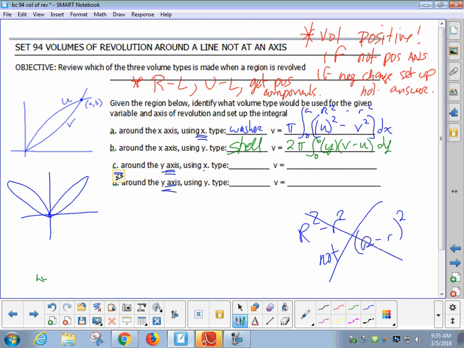What if I used x? That would be a shell. Okay? So 2 pi r h, what's the radius? X, yeah, it's just wherever this point might be. That's what the radius would be, so the radius is just x.